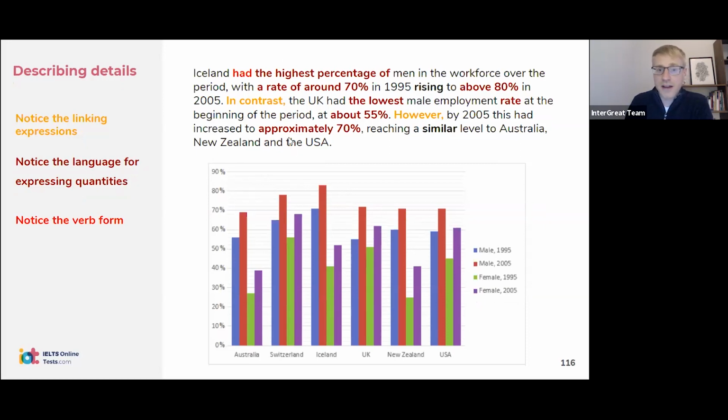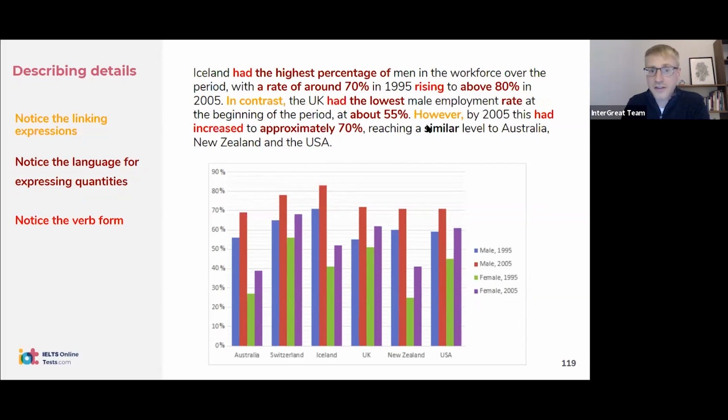We've got the extra information with rising, the ing. We've got had again for past simple, and we've got had increased, our main verb in the past perfect. Notice by 2005, this had increased, 2 times in the past.